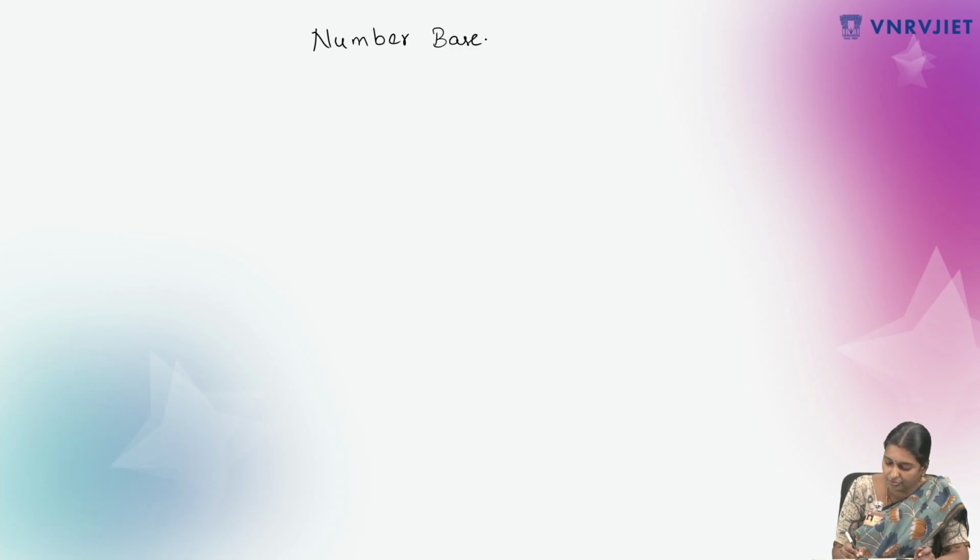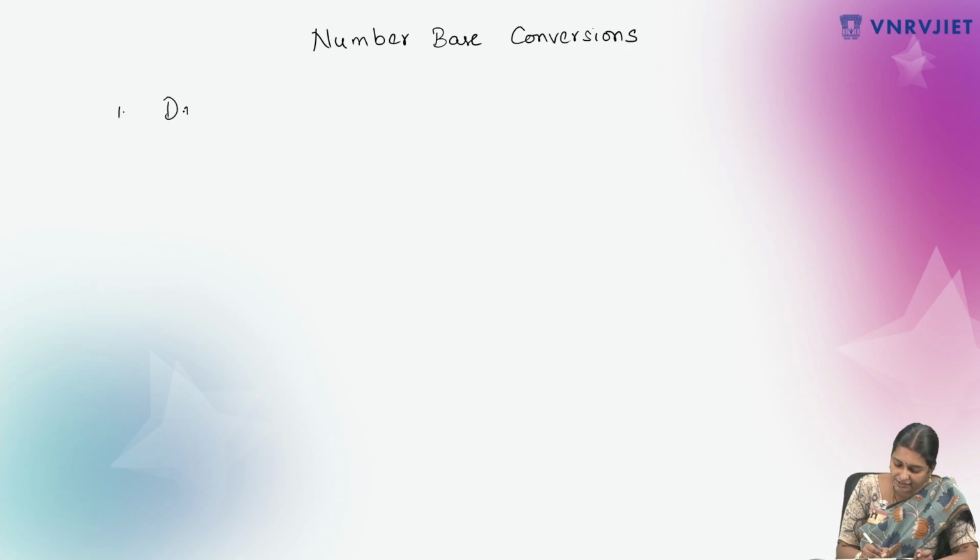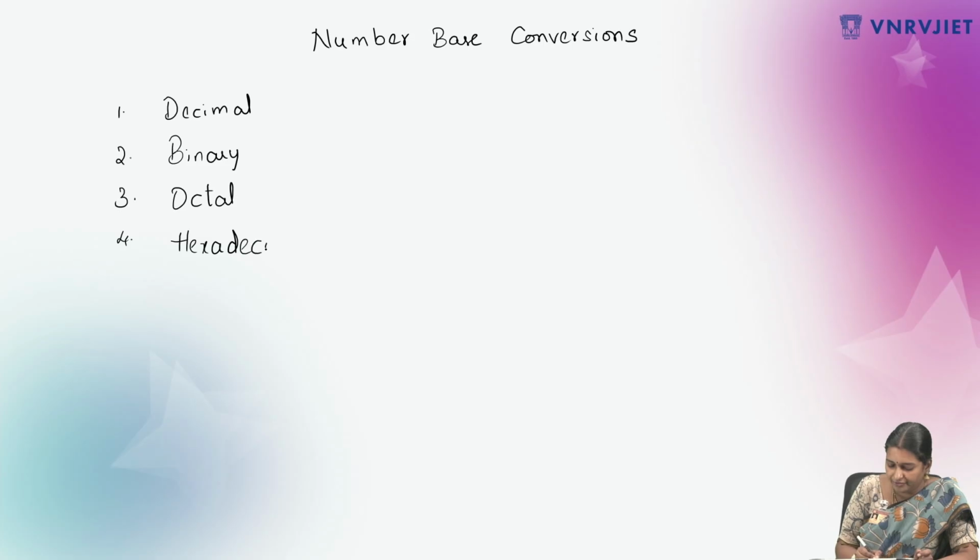As we know, there are four number systems which we will generally consider: decimal, binary, octal and hexadecimal number systems. So we will convert one number system into another. Here, a decimal number system can be converted into the other three number systems.